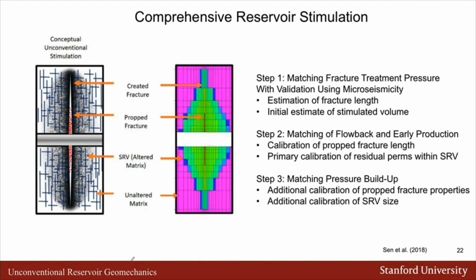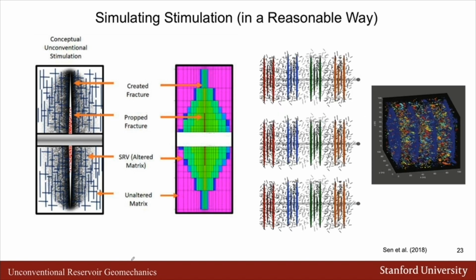And so they're simulating what I refer to as slip on pre-existing faults, what's seen in the microseismic cloud, as simply a zone of altered matrix and enhanced matrix permeability, and that's ultimately surrounded by unaltered matrix.